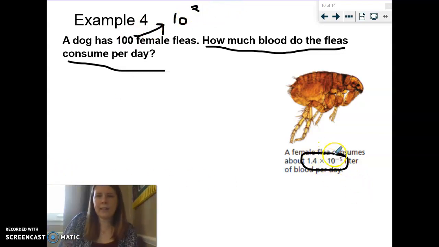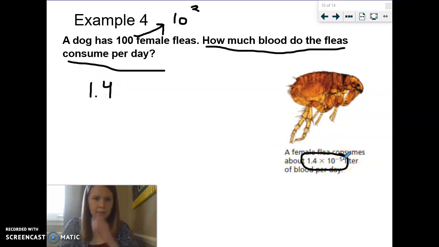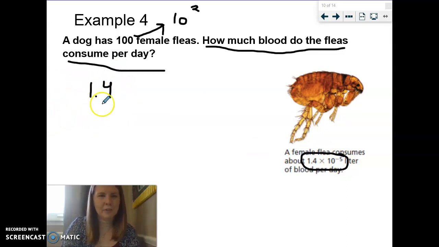So we are going to take this number, and I'm going to show you two ways we can do this. One way is to first find this in standard form. So I'm going to put my 1.4, and it is to a power of -5. That means I'm going to move my decimal 5 places to the left. 1, 2, 3, 4, 5.